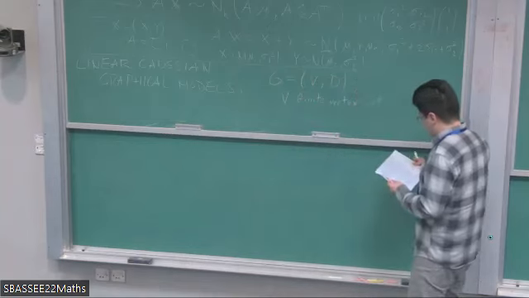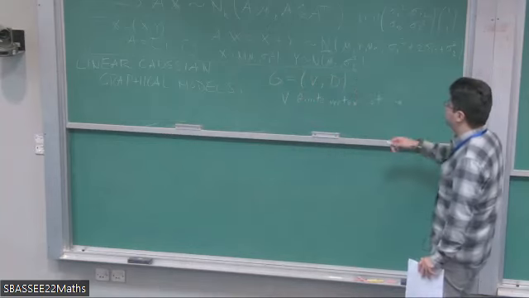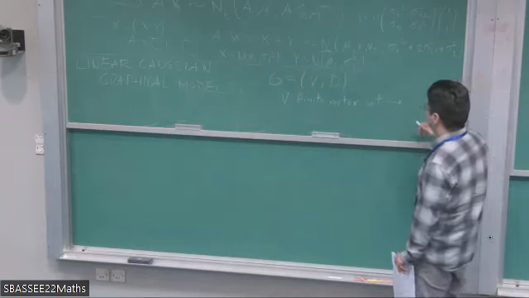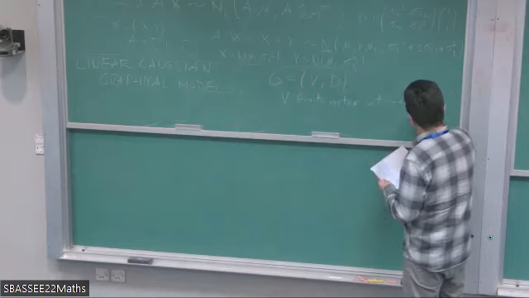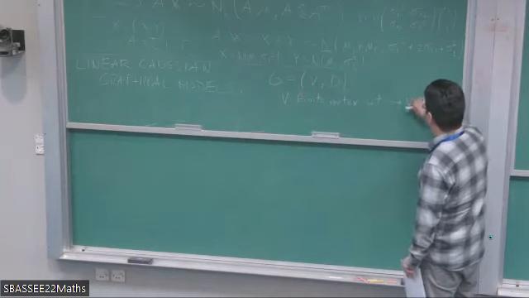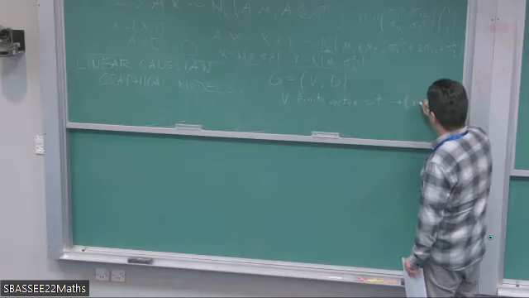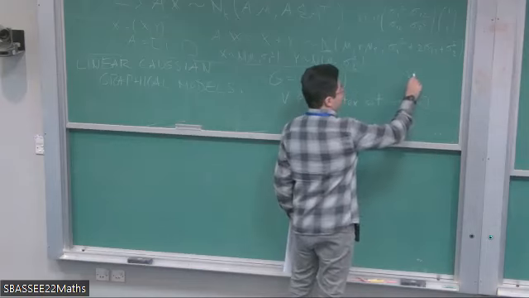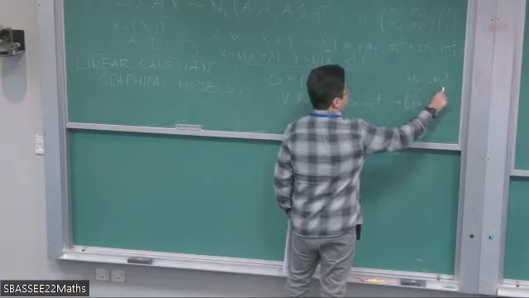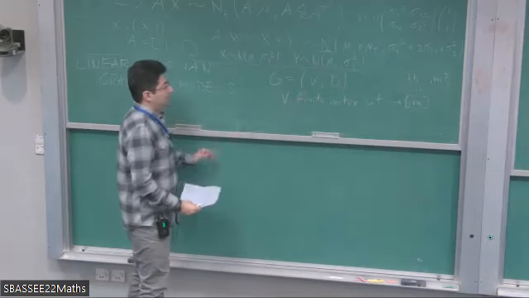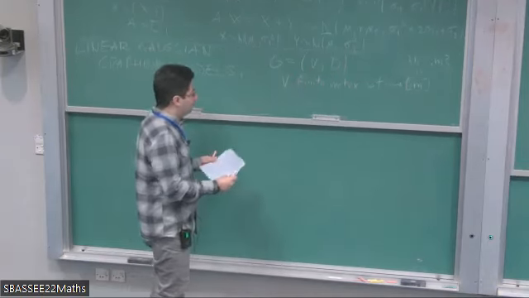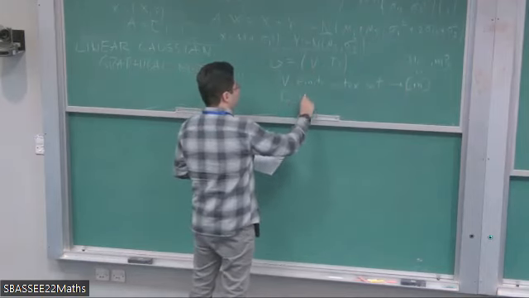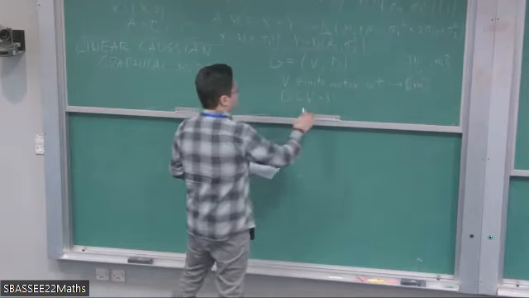Finite vertex set. Since it's finite, normally I'm going to be labeling it with the first m positive natural numbers, which in Thomas notation was 1 to m. So this is going to be V, and D is a subset of edges, right?